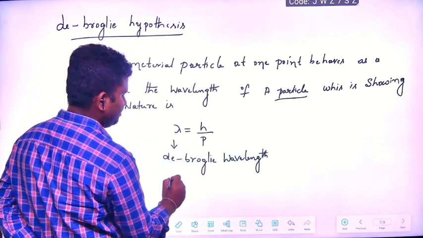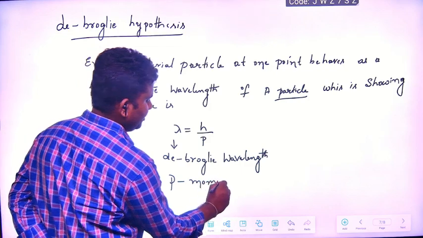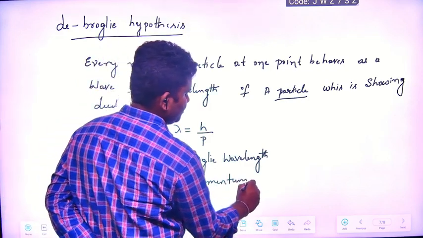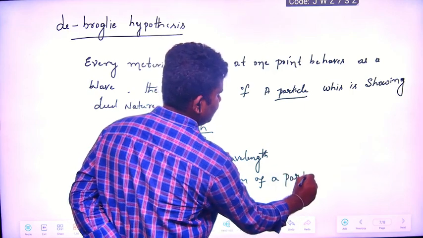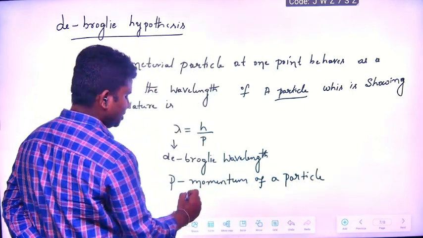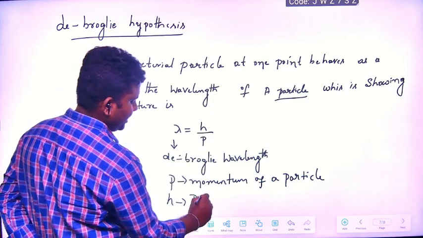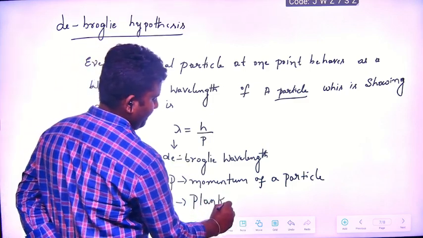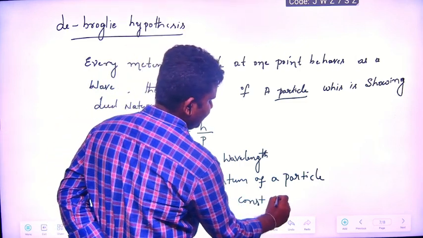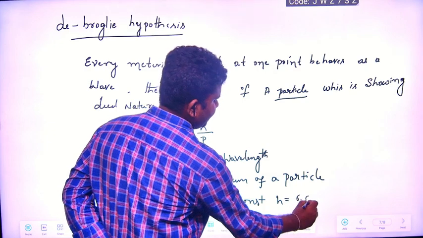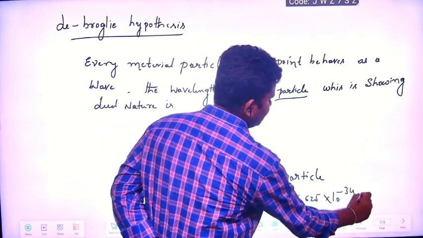And what is p? Momentum of a material particle. And what is h? Planck's constant, which is approximately h equals 6.625 times 10 to the power of minus 34 joule second.